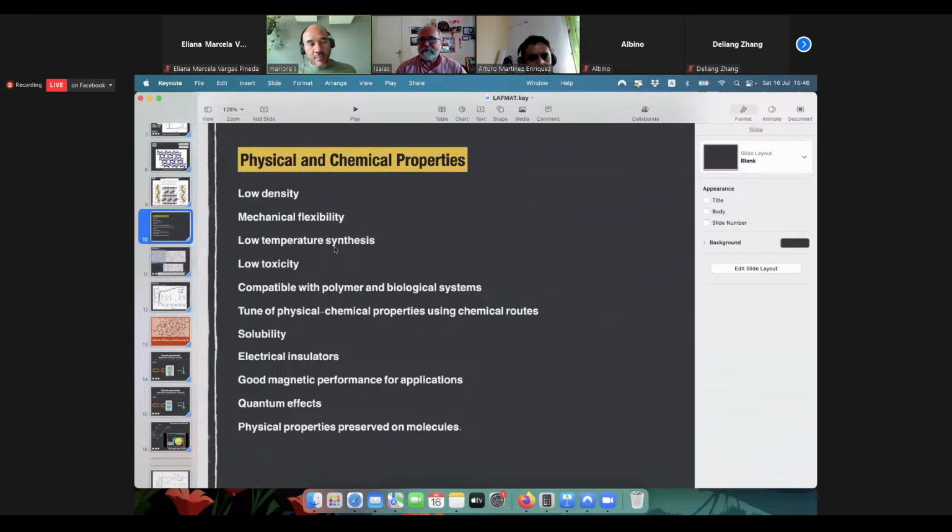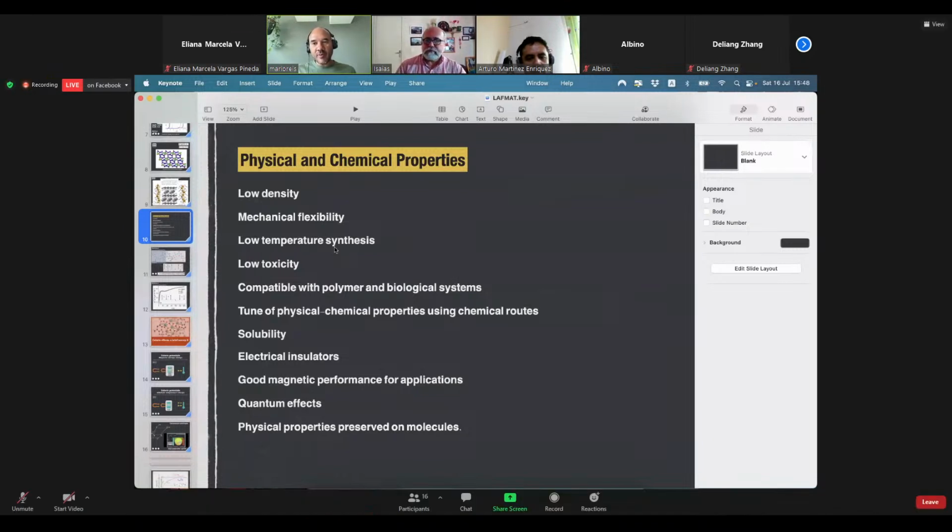For example, mechanical flexibility, synthesis at low temperature. If you can synthesize this material at low temperature, producing it on a large scale is a great advantage, because for industry to produce one material at 300 degrees is much better than producing at 2,000-3,000 degrees.